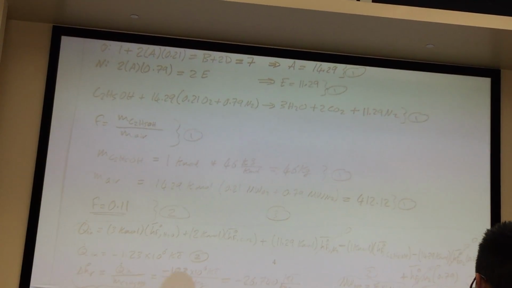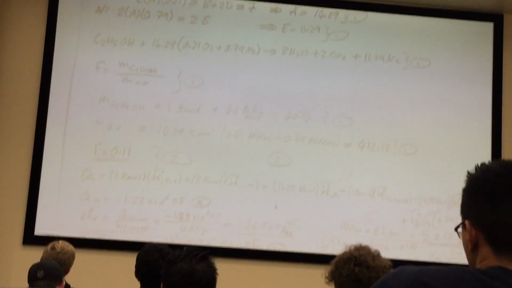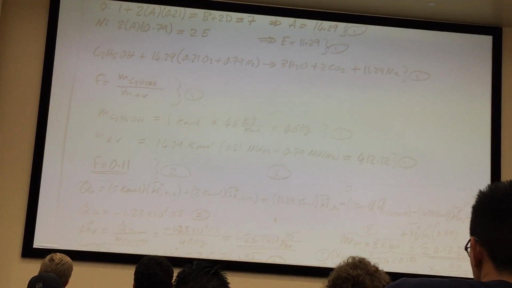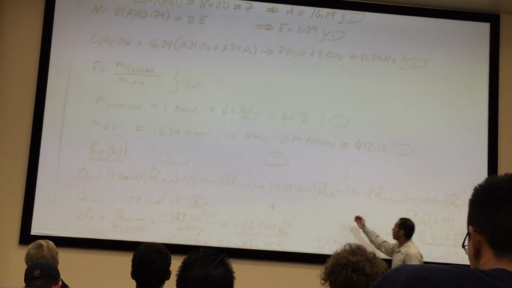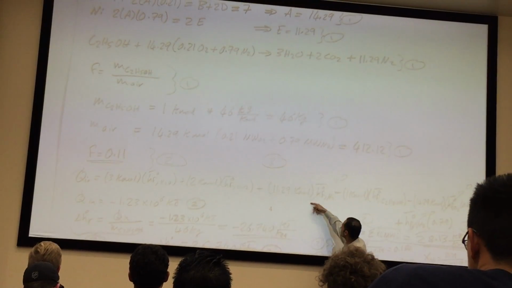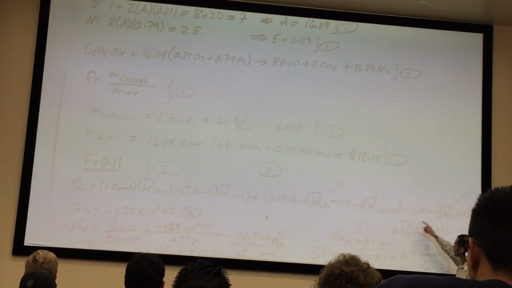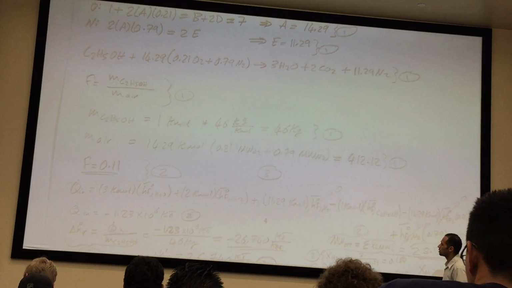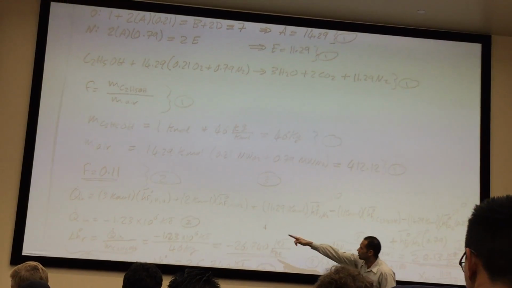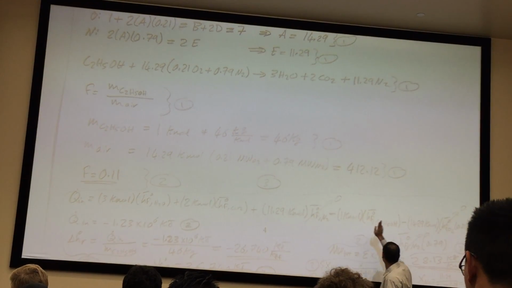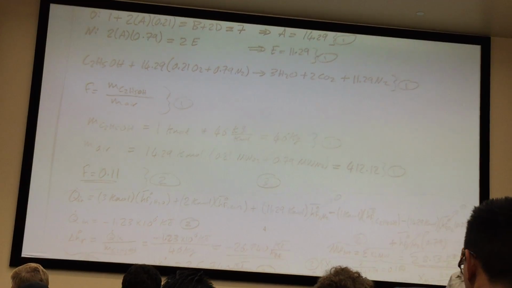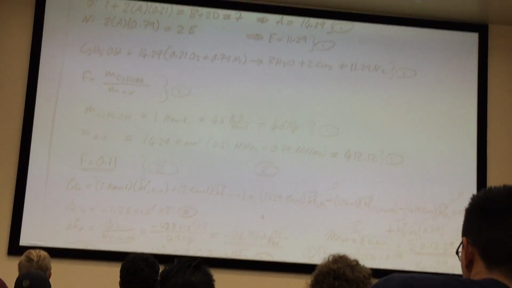Q is equal to the different enthalpy summations multiplied by their mole fractions. And obviously some of them are in elemental form, like nitrogen and oxygen, so those cancel. So all you gotta do is H2O, CO2, and your fuel. That's it. And once you put that, you get Q.